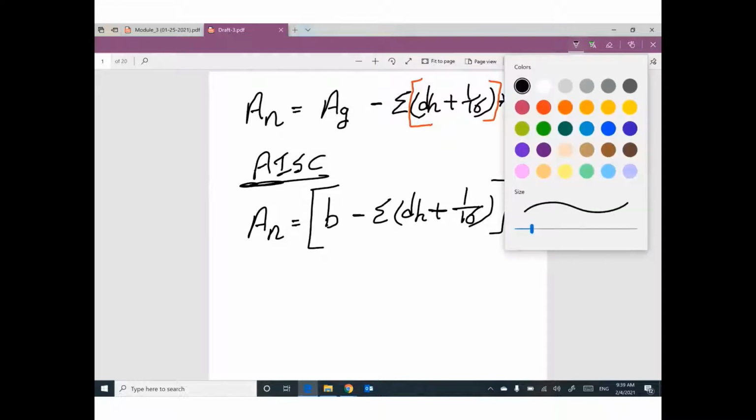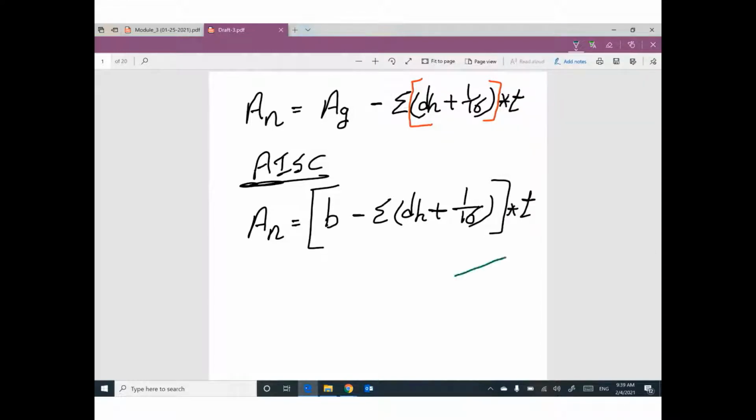The standard assumed we have a plate. This plate has a width equal to B and a thickness equal to T. Guys, if you multiply this B, which is the width, by this T, which is the thickness, you can get area gross.